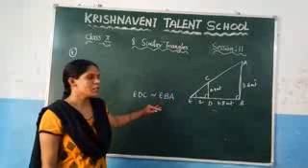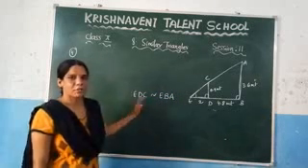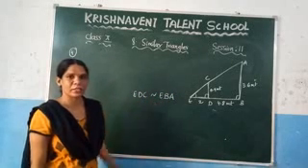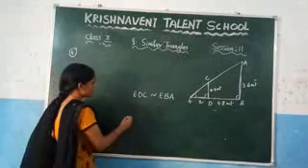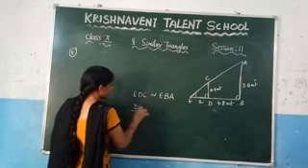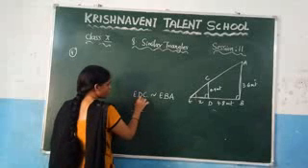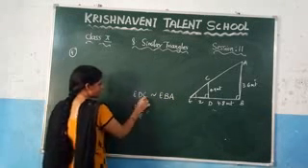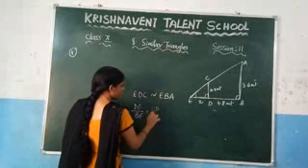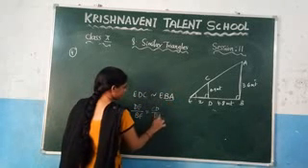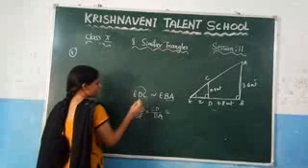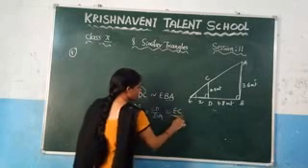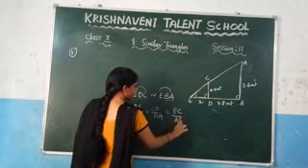Now you can apply the similarity concept. If these two triangles are similar, their corresponding sides are proportional. So you get DE by BE, since the corresponding side of DE is BE, and the corresponding side of CD is BA, and the corresponding side of EC is AE.